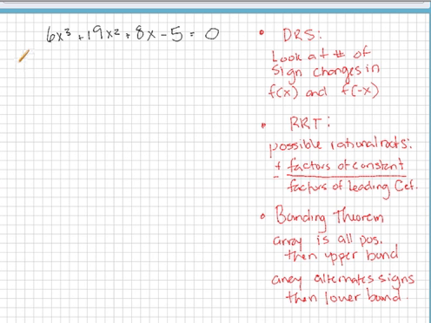Okay, it looks like I have one possible positive real root. So looking at the number of sign changes in the original function will give us the number of possible positive real roots. And then I'm going to insert negative x instead to examine my number of possible negative real roots.